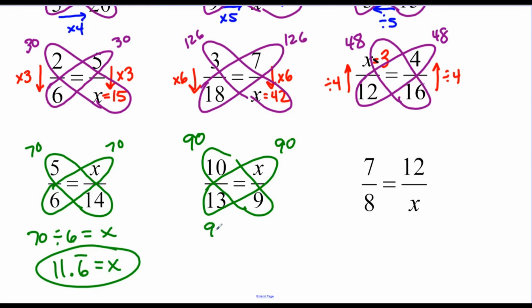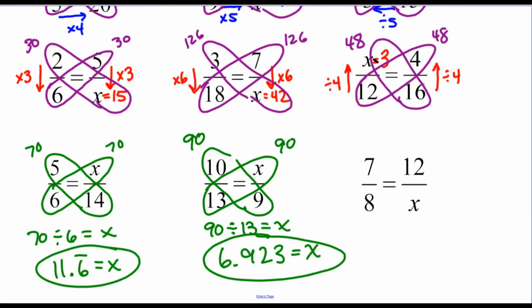So 90 divided by 13 is going to tell me what x is. And 90 divided by 13 is 6.923, and that goes on and on and on. So about 6.9 is x, solved using the cross products.